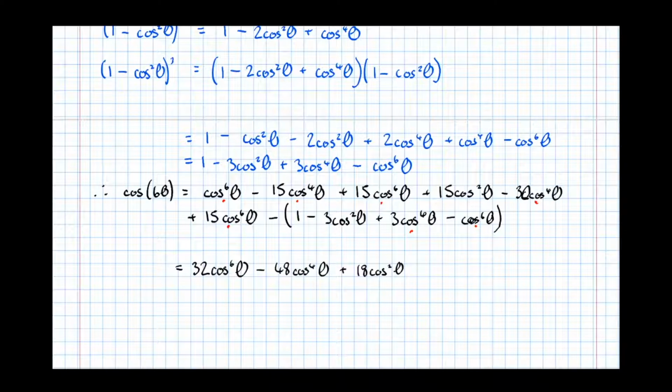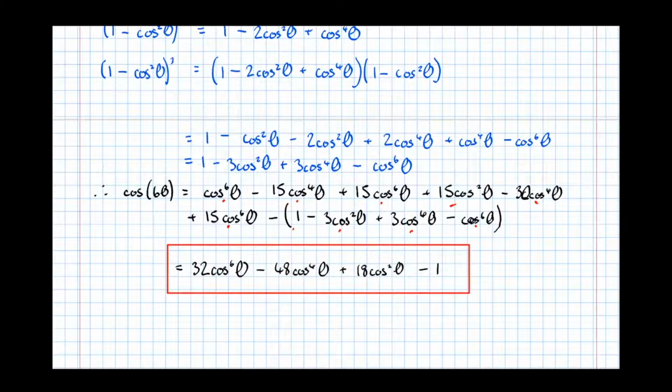And let's put a little mark under them, keep track, make sure that we've not missed any out. And everything's got a mark under it except that take 1. So at the end, take 1. And there we have it, our answer. So cos of 6 theta is identical to that. And all we used was the binomial expansion and De Moivre's theorem.